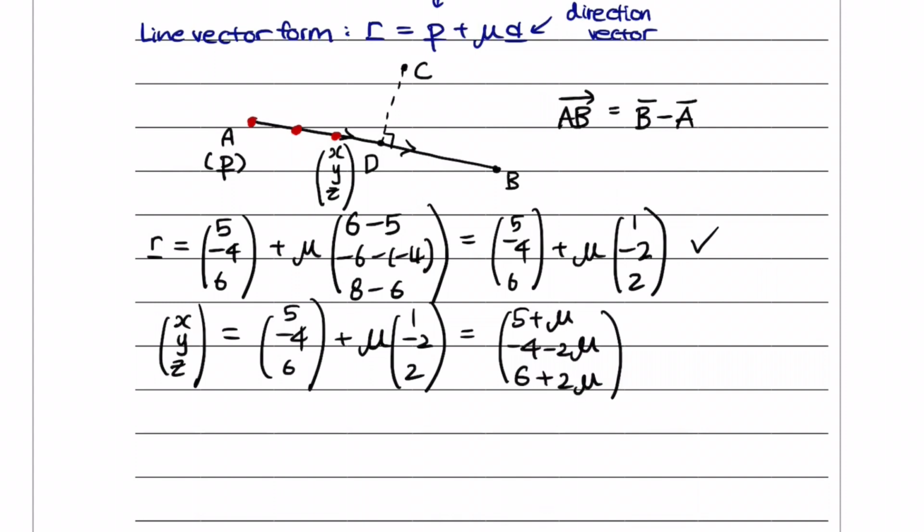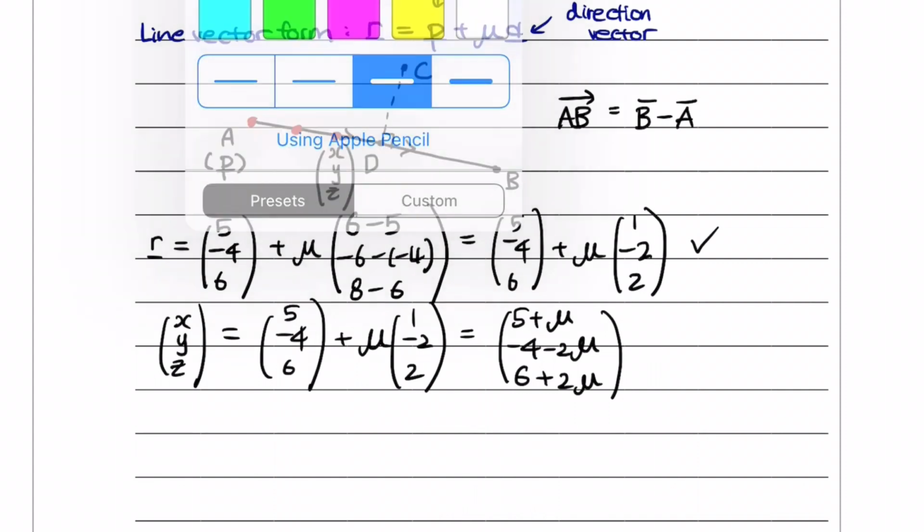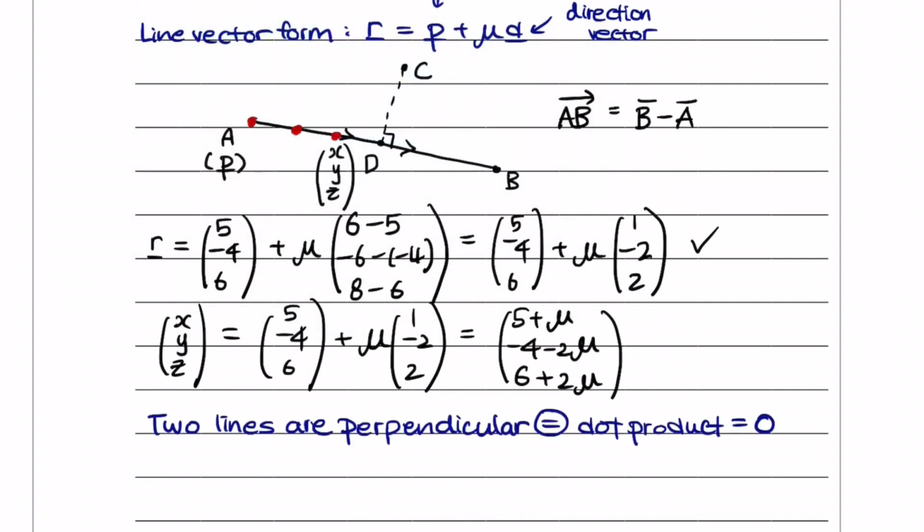Now we want to find the exact mu value by using the fact that when two lines are perpendicular, their dot product should be equal to 0. Here we emphasize that line CD and line AB are perpendicular to each other because we want D to be closest to C. So what that means is that our direction vector, which is an actual vector along the line, dotted with CD should be equal to 0.